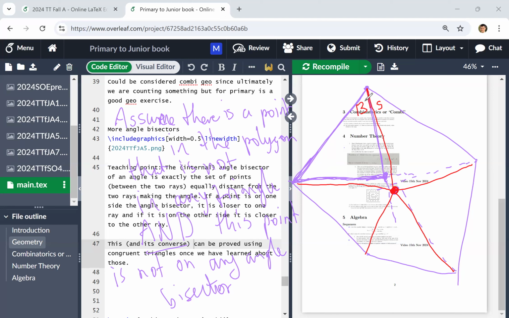Because it's not on the equal angle line. Now if I look in this triangle here, the same thing happens: this is bigger and this is smaller, yeah?